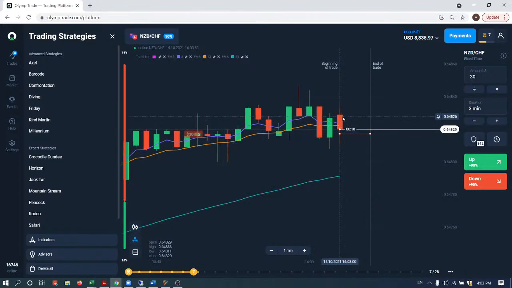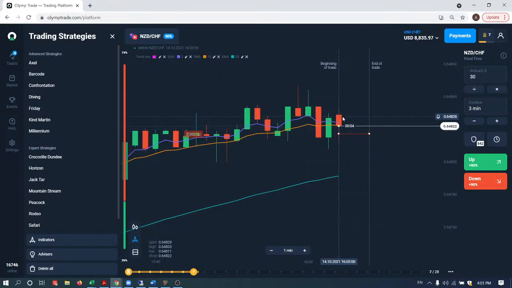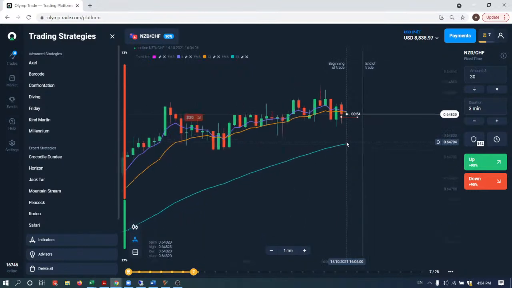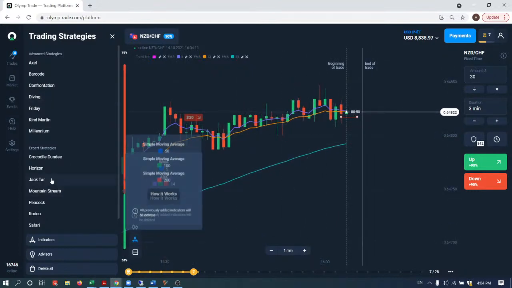It's very similar to our most common strategy, which has the 4 SMA and the 60 SMA. So when these two simple moving averages cross, that's the moment when you want to open a trade in the downwards direction.